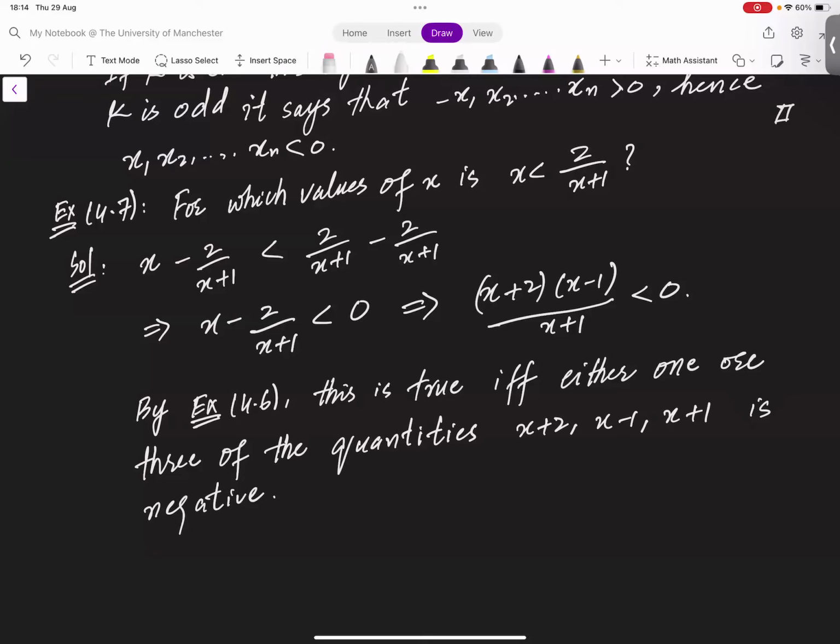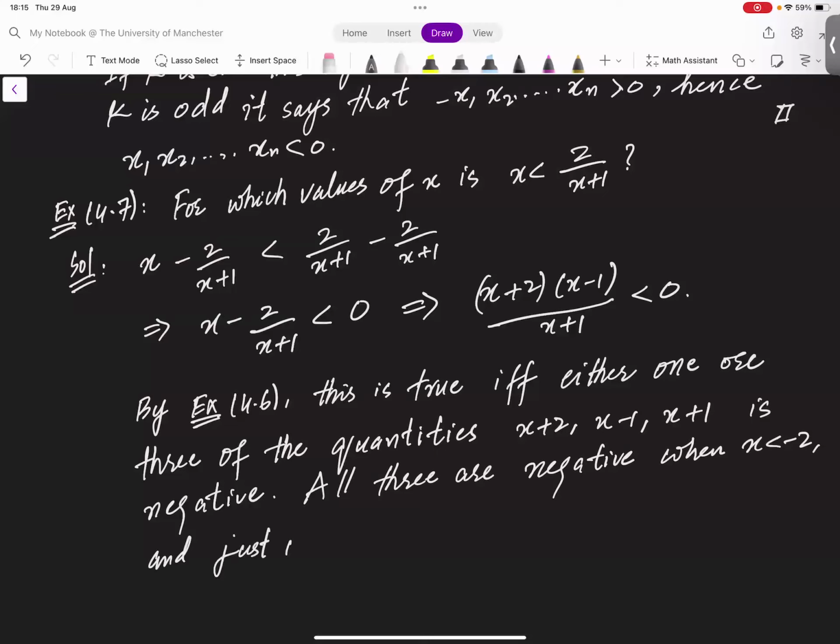All three are negative when x is less than -2, and just one is negative when -1 is less than x is less than 1.